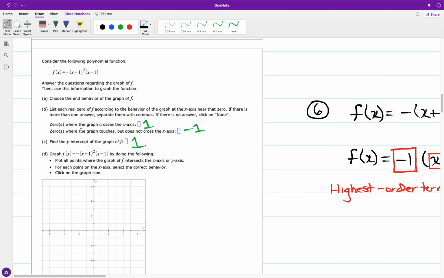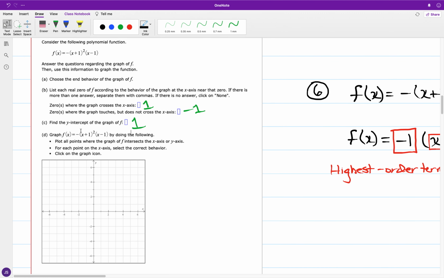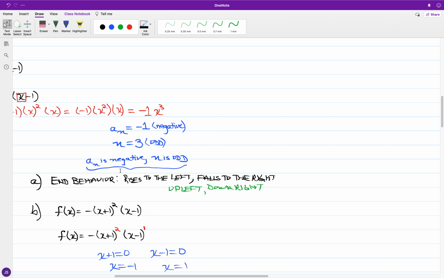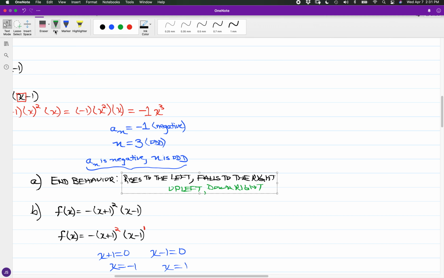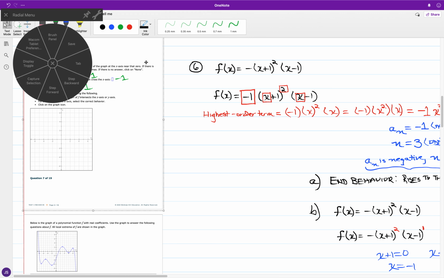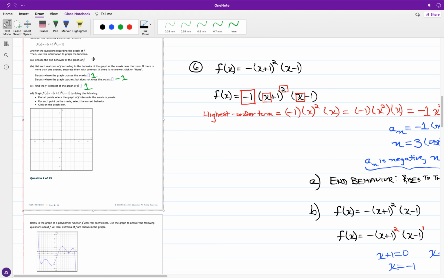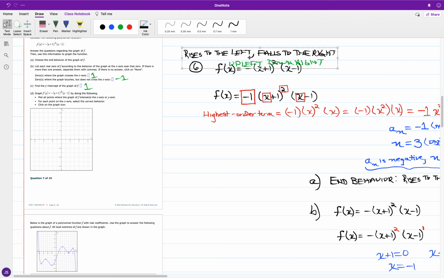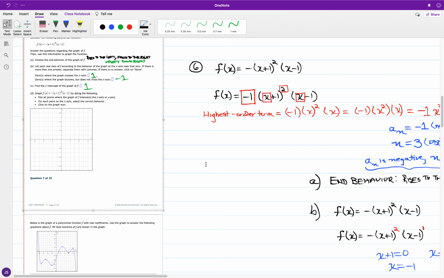And if I were to graph accordingly, again, for the end behavior of the graph, see if I can squeeze that in. Yeah, so you've got the end behavior.